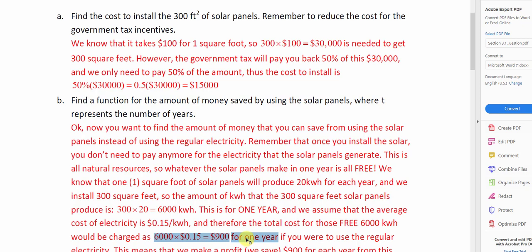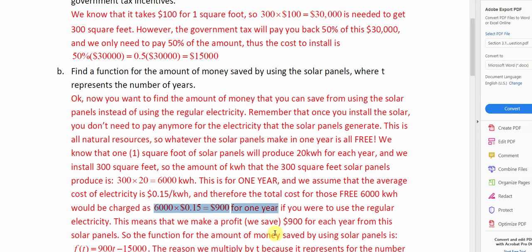But now, because we are using solar panels, you don't have to pay anything. That means we are saving $900 a year. This is the profit that we make from solar panels. So we don't have to pay anything. If I assume that you use the normal electricity, then you have to pay this much money for 1 year.